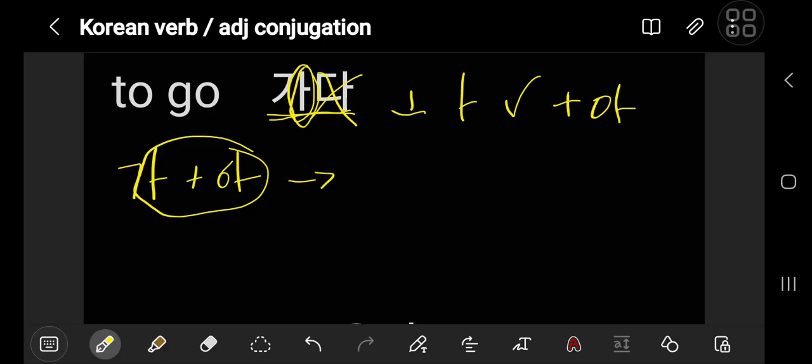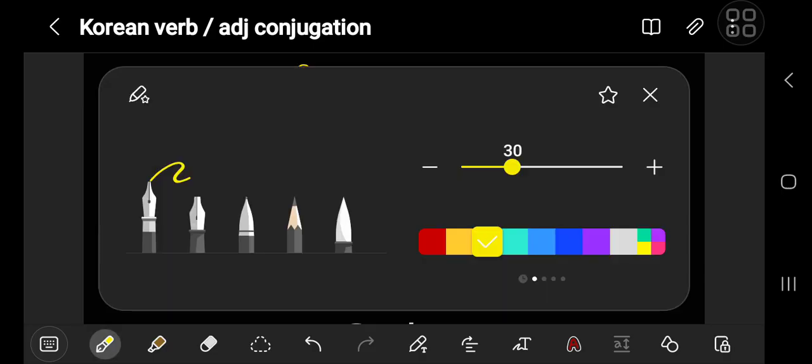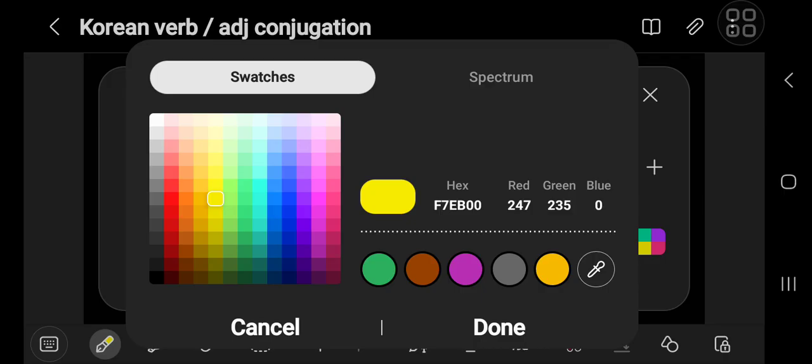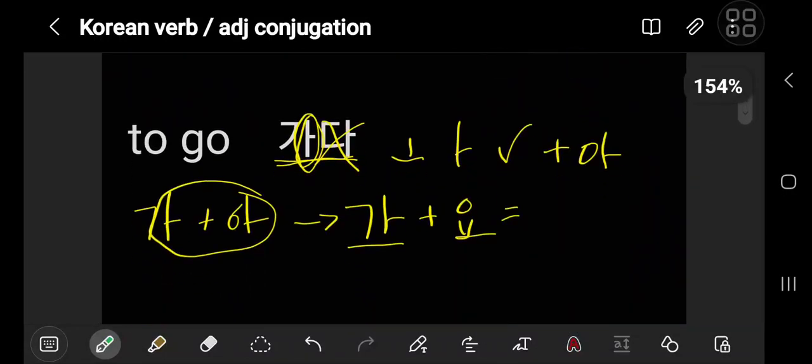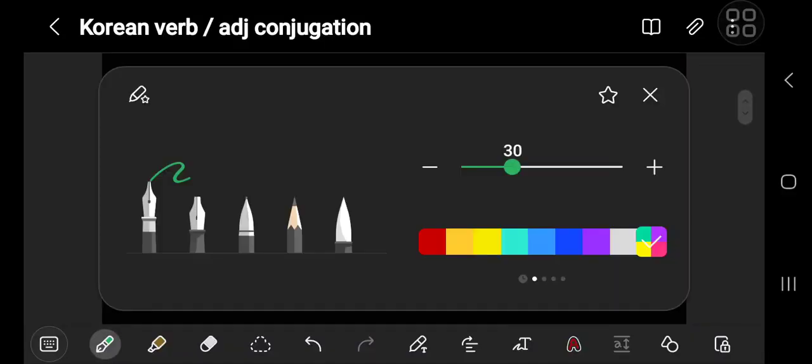So this becomes ka. And then for present tense, that's all we need. And we add yo for politeness. So our present tense, we've got our present tense of, oh, sorry, that's past tense. Present tense, let's go.